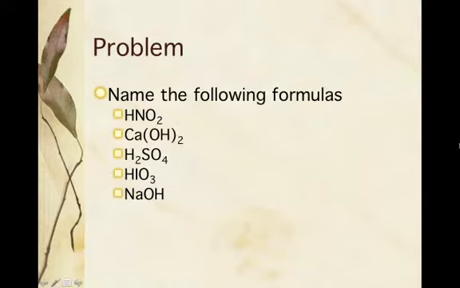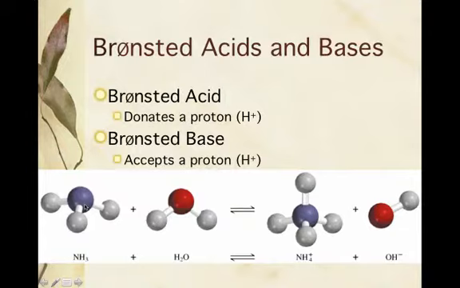In this case, it's creating an OH. It won't always create hydroxide in solution, but this is the base because it's going to be the acceptor. So acids donate, bases accept. AD and BA. Acids donate, bases accept. And that's the Bronsted-Lowry definition.